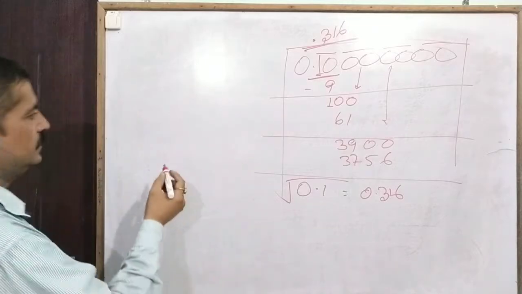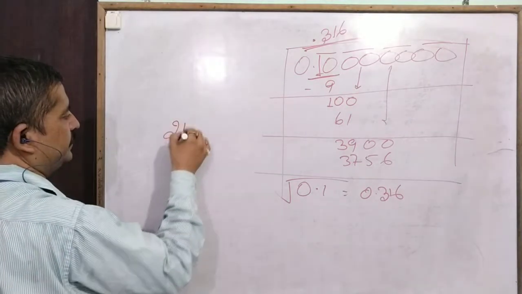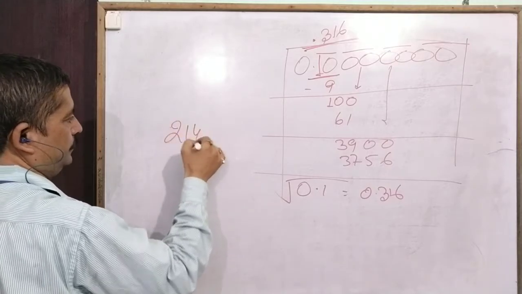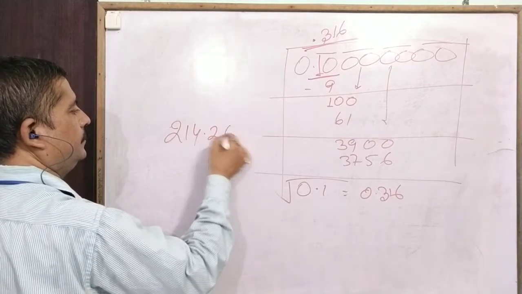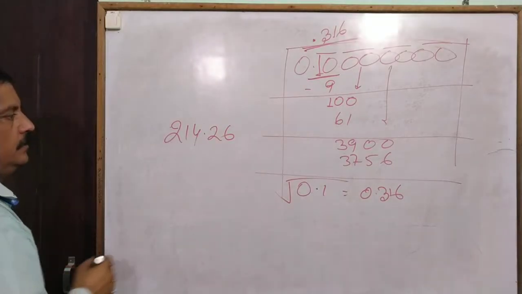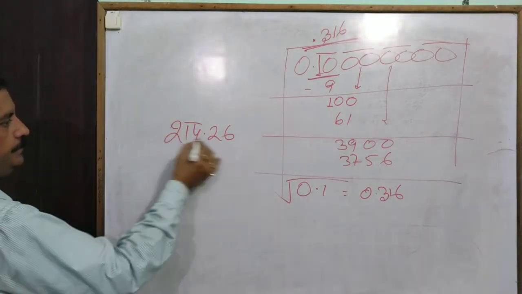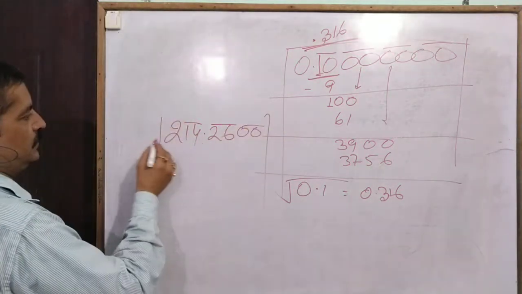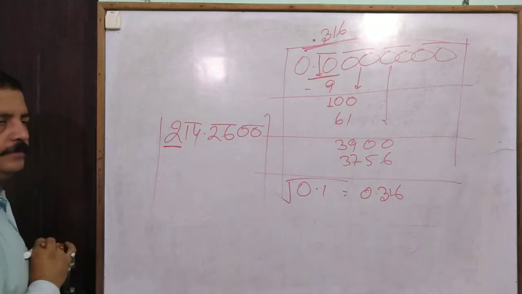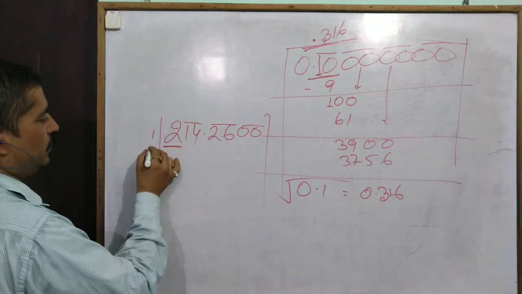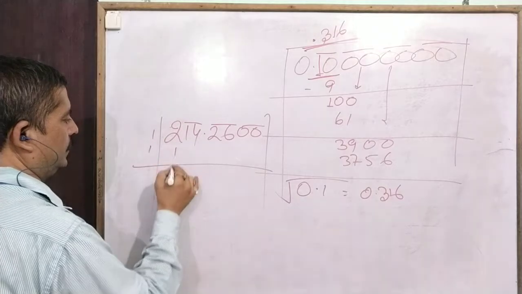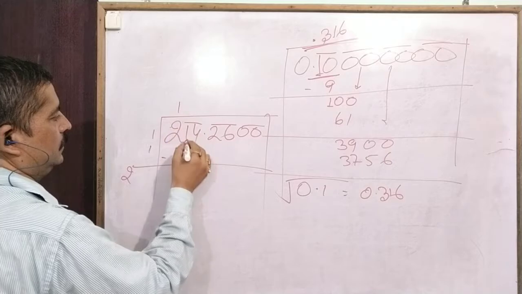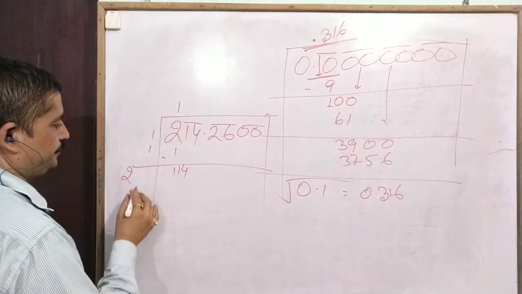If the number is combined with the decimal, in that case, the first, so 1 is to 1, 1, 1 and so 14 is carry over.